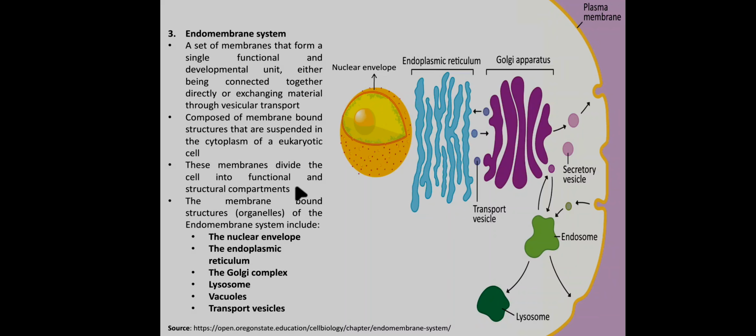These membranes divide the cell into functional and structural compartments. The organelles of the endomembrane system are the nuclear envelope, endoplasmic reticulum, Golgi complex, lysosomes, vacuoles, and transport vesicles, all involved in transport of proteins. So all these organelles comprise a unit called the endomembrane system. Let us look into it.